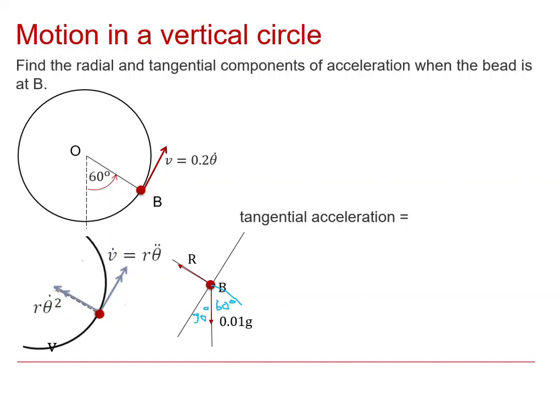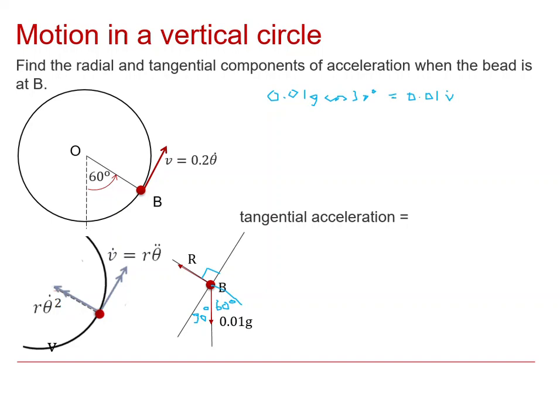So if we resolve along the tangent, we find that r doesn't contribute because that's a right angle, of course. So we can say that 0.01 g times the cosine of 30 must equal the mass 0.01 times the acceleration, which is v dot.